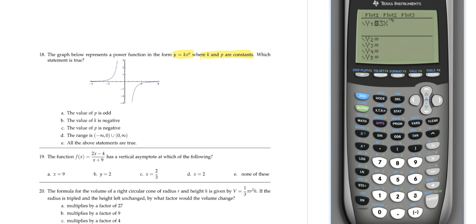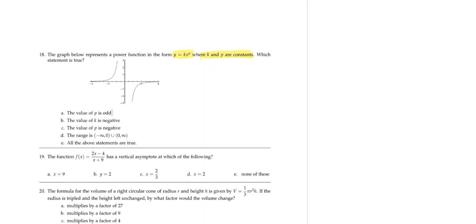I'm going to leave the exponent as 3 and change k. The value of k is negative, so let's make it negative. Let's put negative 3. All right, so this is exactly the kind of graph we have. If you look in here, you notice that k is negative 3, so k is negative, and p is negative and odd. So all of these are true.